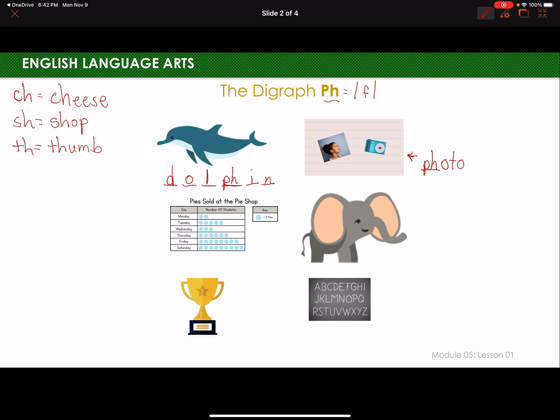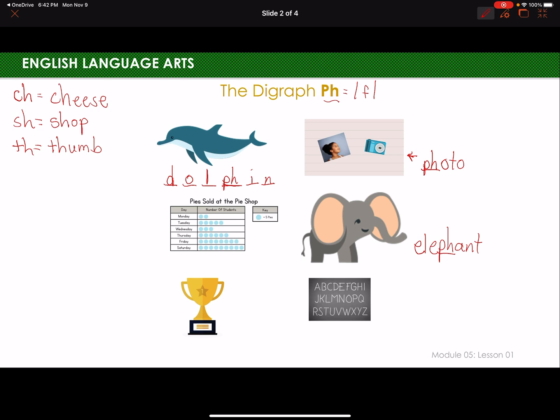We also have an elephant. This is how you spell elephant. The f sound in elephant is made by the PH digraph. Okay, then we have a trophy.